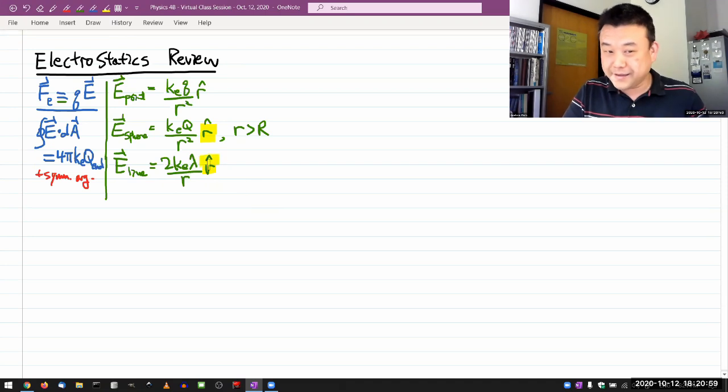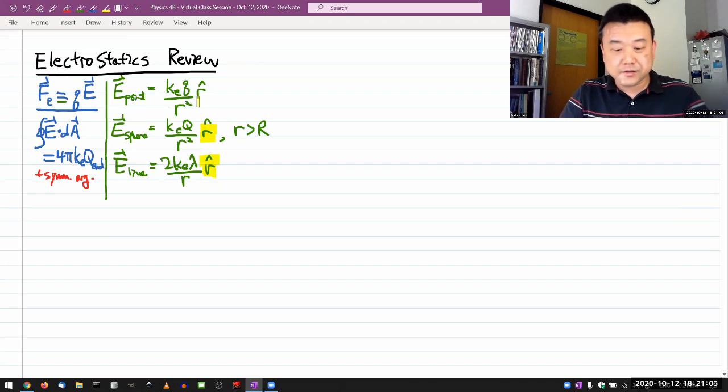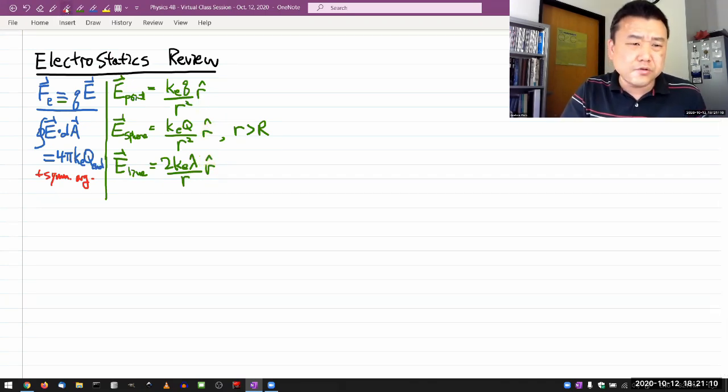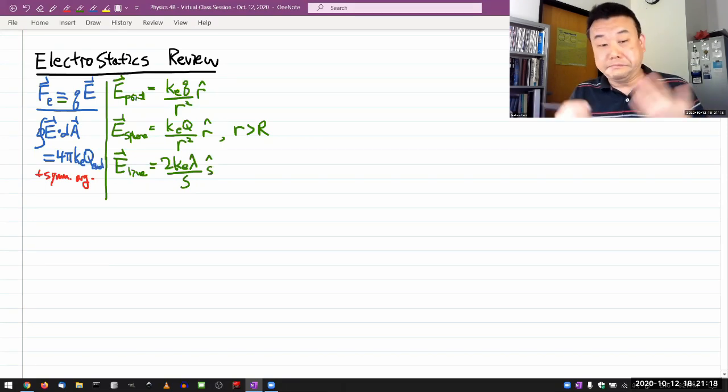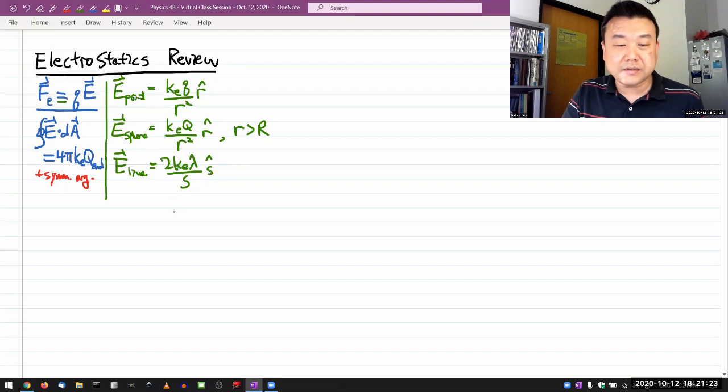Here, this r hat is radially outward from a line. So it's perpendicular to the line. As you're remembering this, remember those differences. And sometimes people do use a different letter here to remind themselves, like s is a common letter to use here. But in the end, you have to remember what direction these things are.